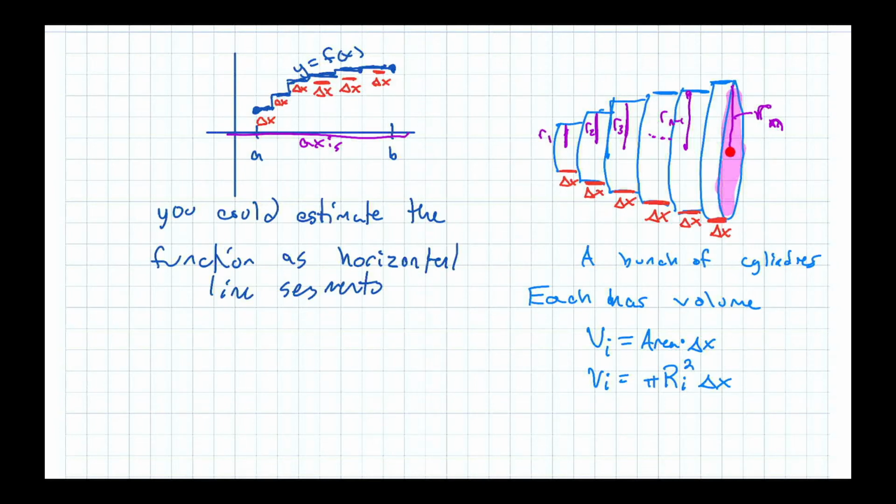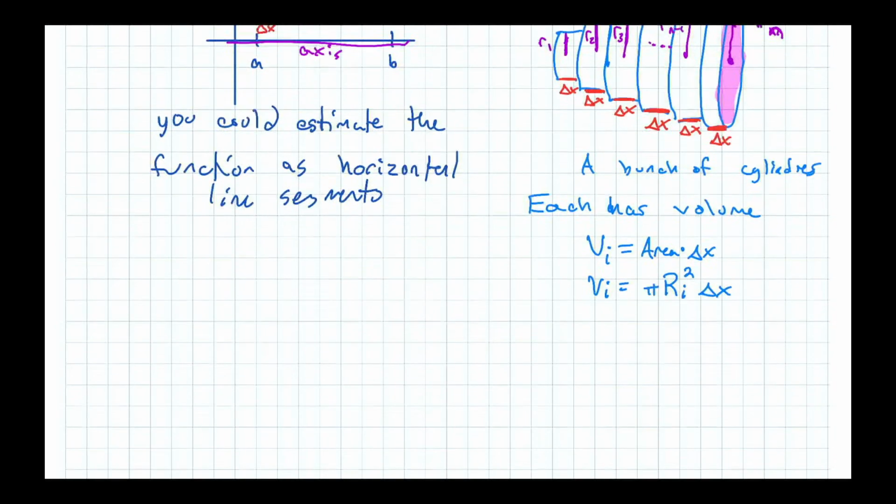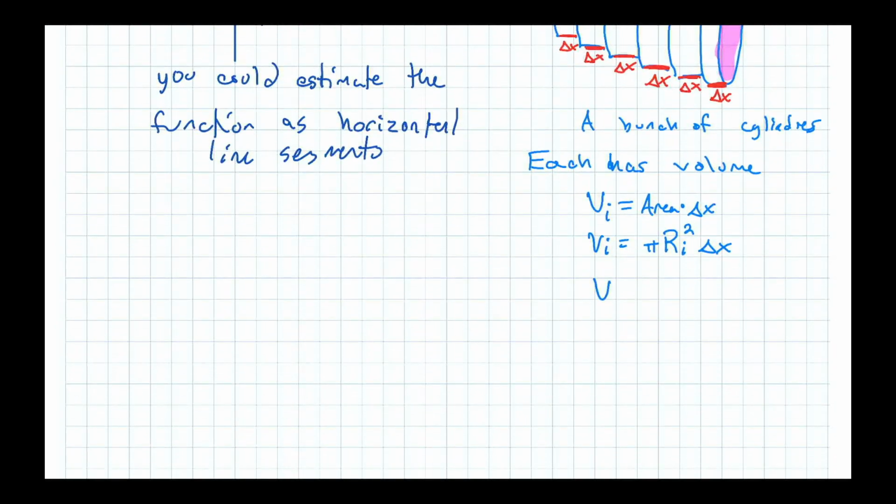Small radius, big radius. So the radius is actually a function of x. And so each of the r's is actually a function of some x value there, and then times the height. So each of the volumes is something like this.